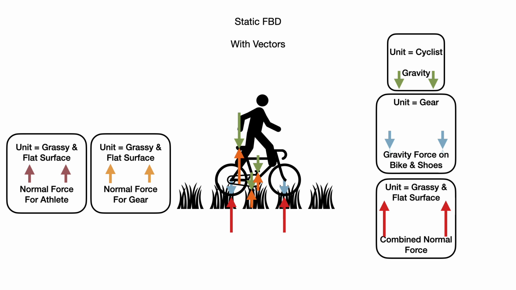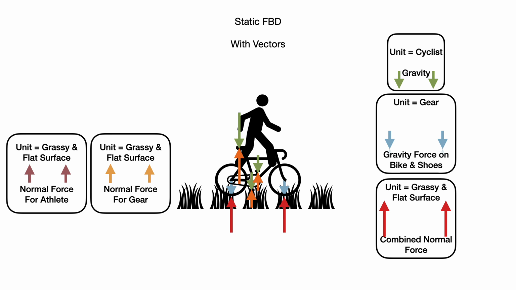All right, so basically the magnitude of the normal force applied to the bike and not the cyclist is going to be those two normal forces: the normal force that was applied just for the athlete and the normal force that was applied just for the gear.